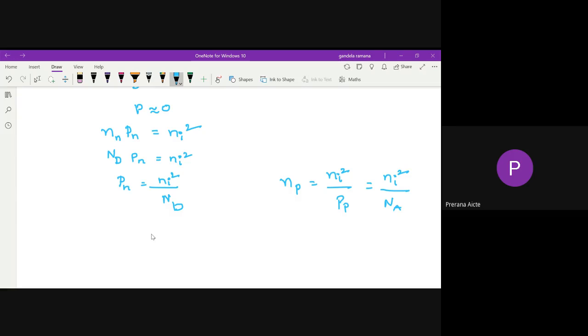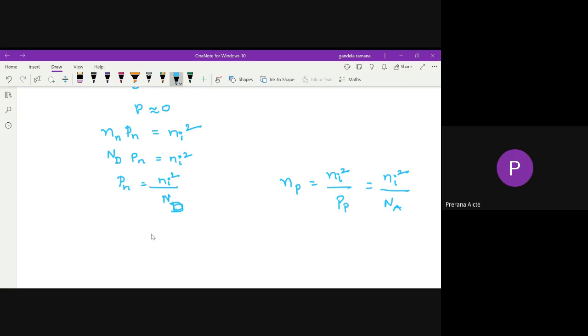That's why ni square is common on both sides. Only in N type we denote Nd, and in P type acceptor Na. So donor, acceptor. The formula is very important. When minority carrier concentration is calculated, p_n is equal to ni square by Nd, and in P type ni square by Na.